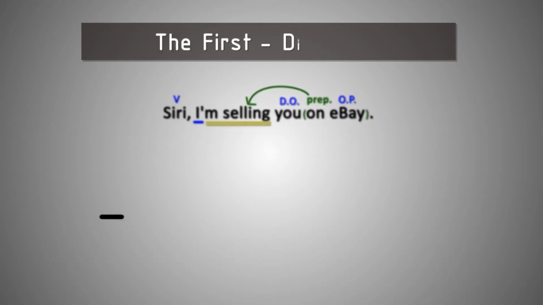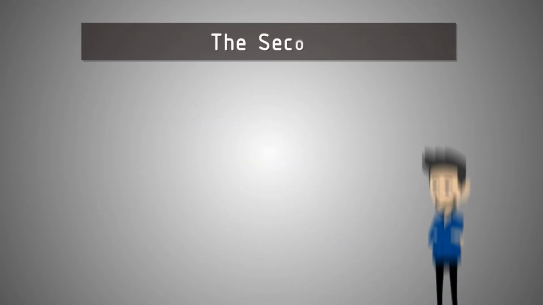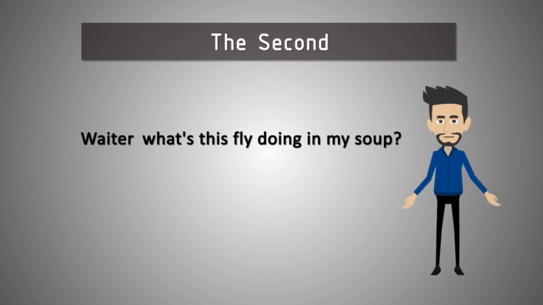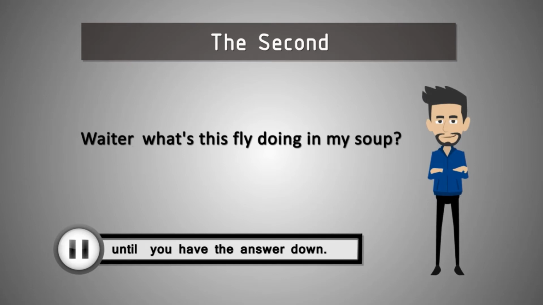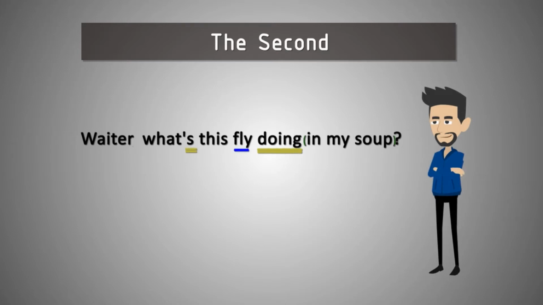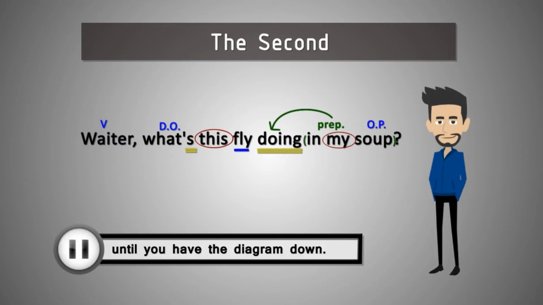Here is the diagram. Now, how do you mark this sentence? Here's the marking. How do you diagram the sentence?